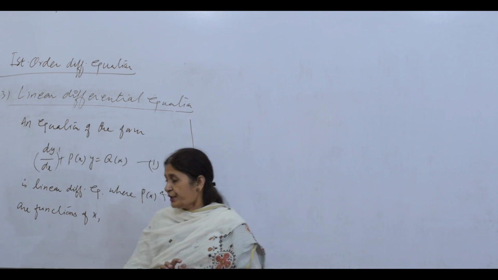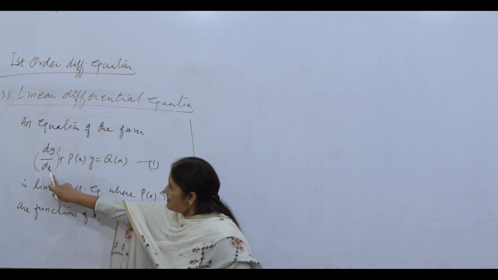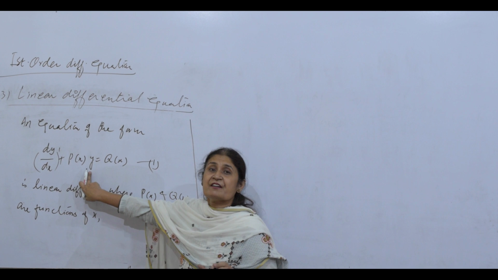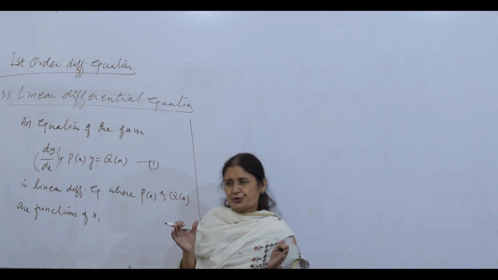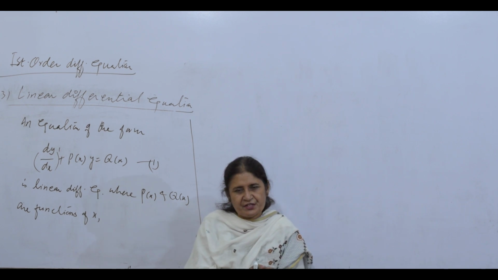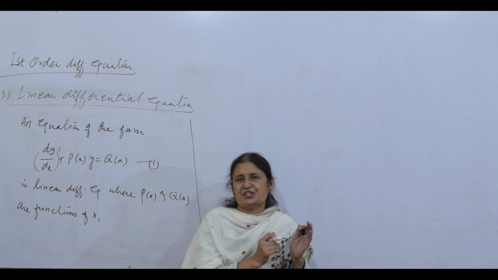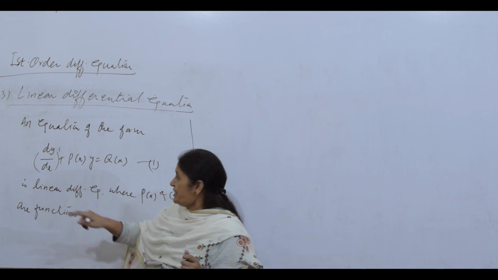Now think carefully, look at the board, because here the derivative is there, here the dependent variable is there. In the product rule, if you have one function, the other derivative is plus the derivative of the first and the function. So look at that, here the dependent variable, here is the derivative.